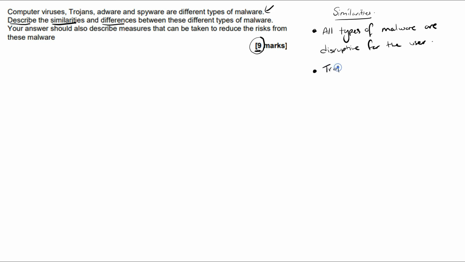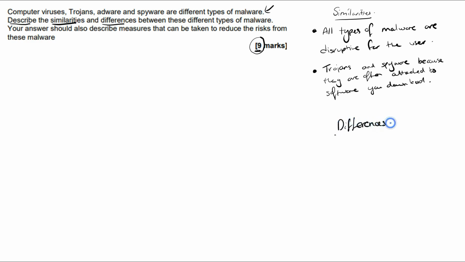So trojans and spyware, because they are often attached to software you download. Okay, so there's another similarity. Can't think of any more similarities at the moment, so I'm going to move on to differences.